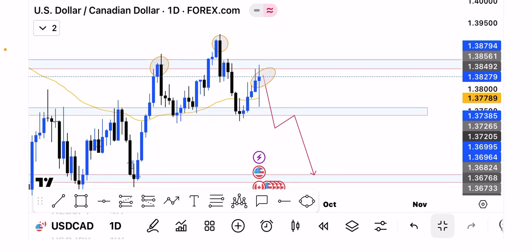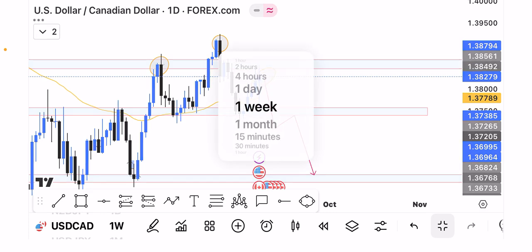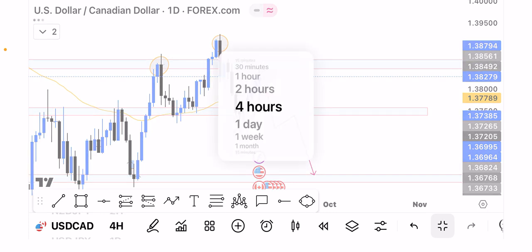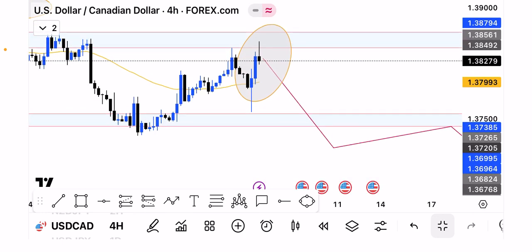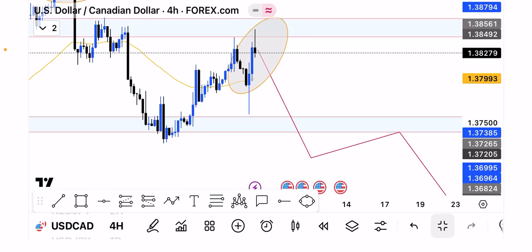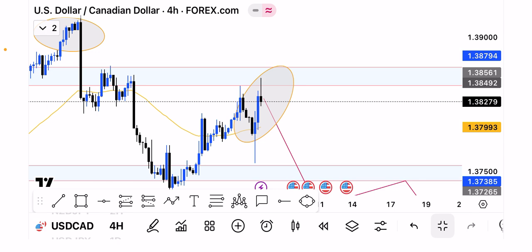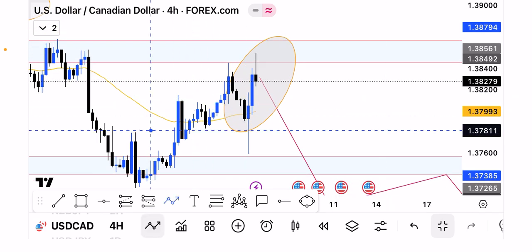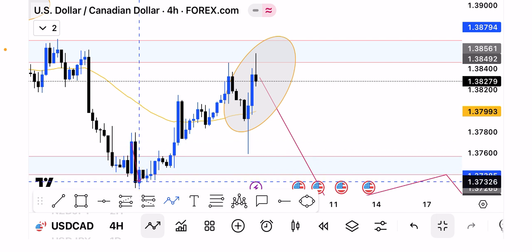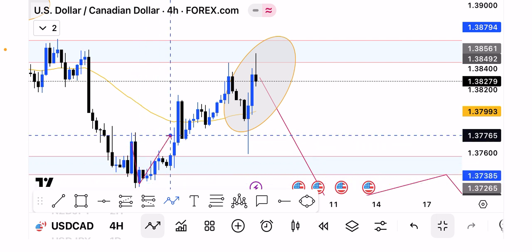Because the 4 hour also is bullish. Sorry, the 4 hour is bullish. Let me mark it out. I'm trying to be fast, so I don't want the video to be long.